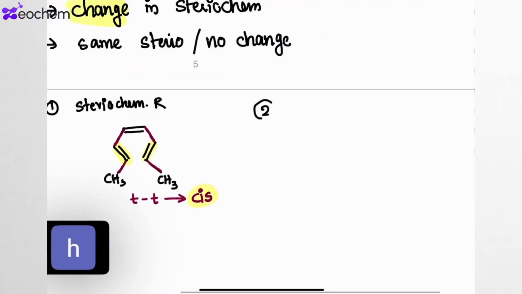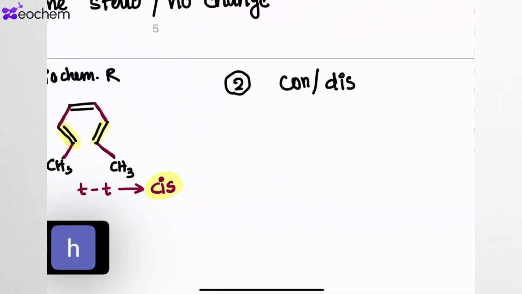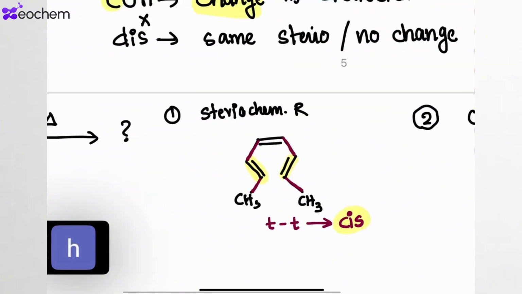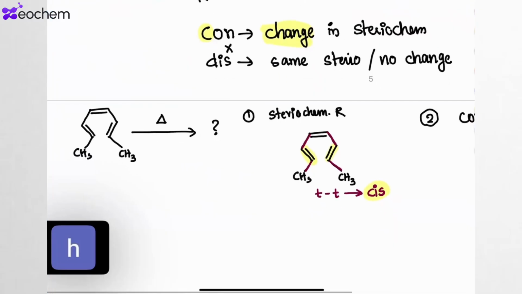Now what is the second step? Second step is determining whether conrotation or disrotation is happening. We need to determine whether con or dis is happening in this molecule in the mentioned thermal condition. For that, we need to know what type of system this molecule is, whether it is a 4n system or a 4n plus 2 system.